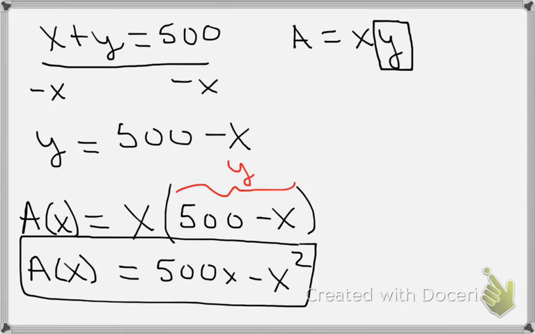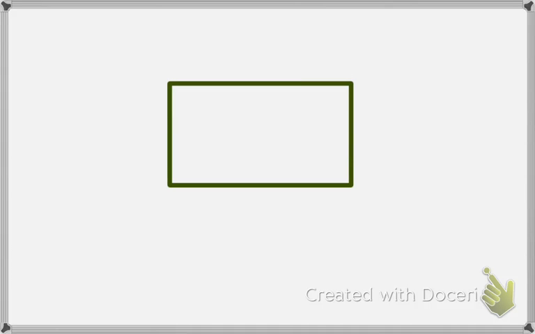So from that picture, and I'll just recreate it over here, that's x, and that's y. We know that x has got to be greater than or equal to 0, because it's not possible physically for the width of a rectangle or the yard or field to be less than 0.